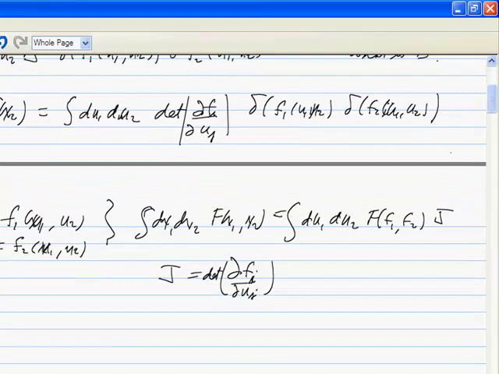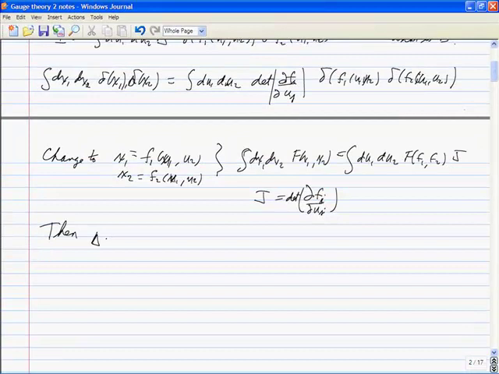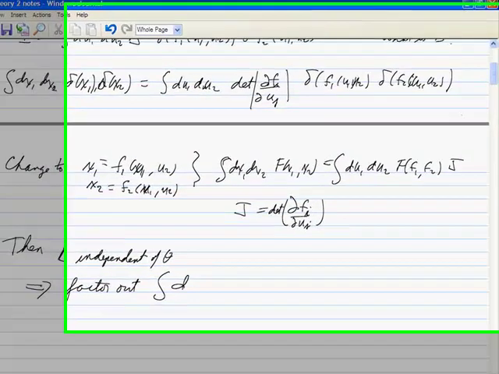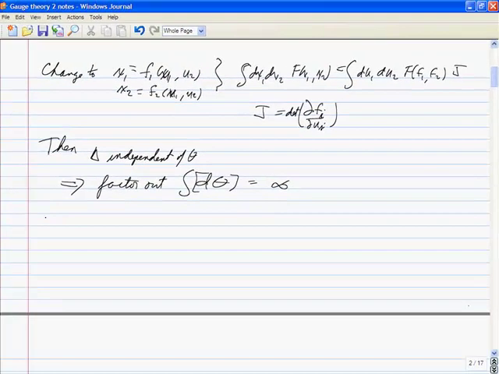Then we showed very quickly that delta is independent of theta. So that factors out, and that lets us factor out the integral d theta, the path integral of theta, which is infinity, but it gets factored out, and we're left with a constrained integral.